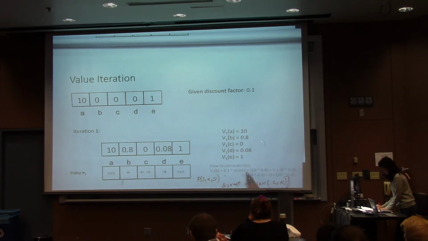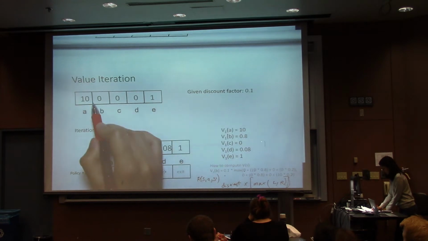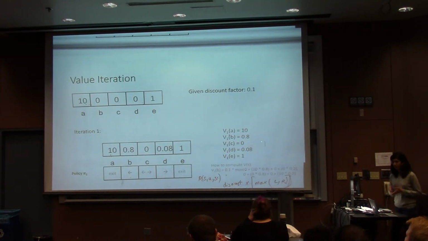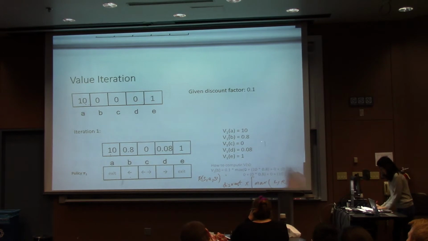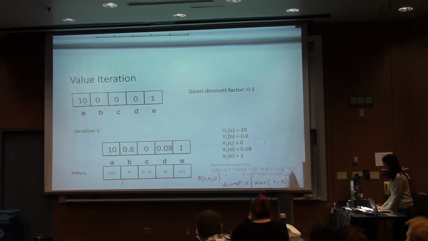So you have no immediate reward, then you have this value 10, which you get from here, multiplied by 0.8, which is the transition probability, plus for the other action, which is 0 reward, and again the value of 0 with 0.2 probability.